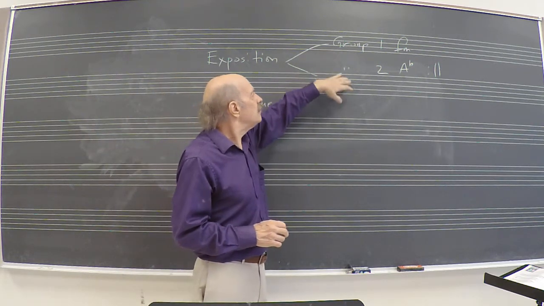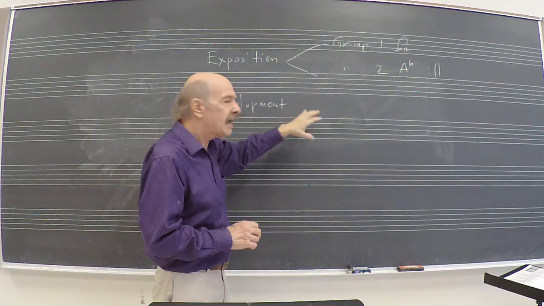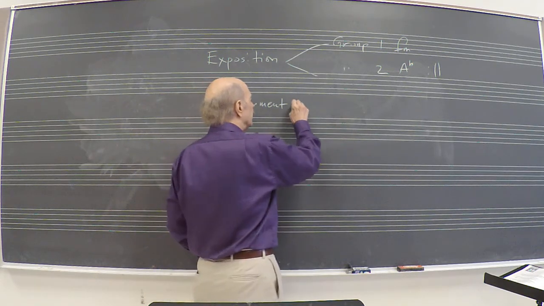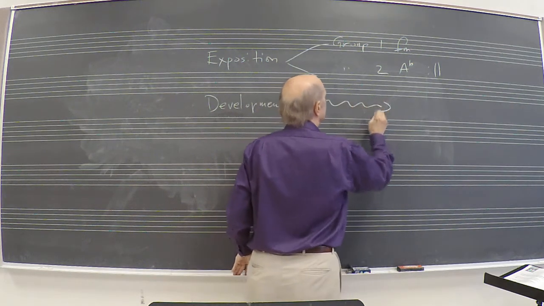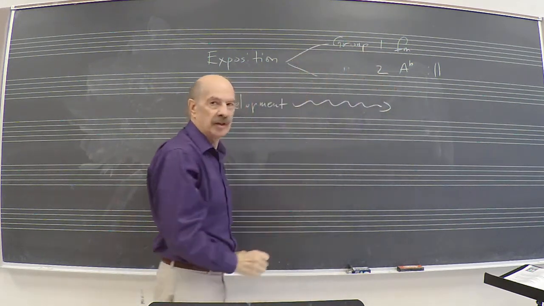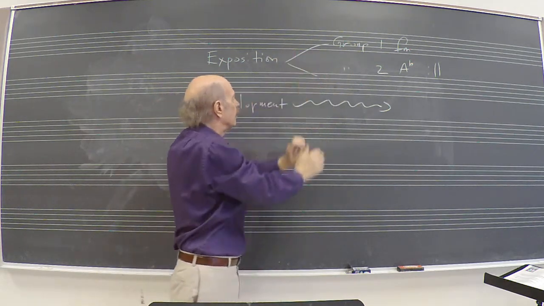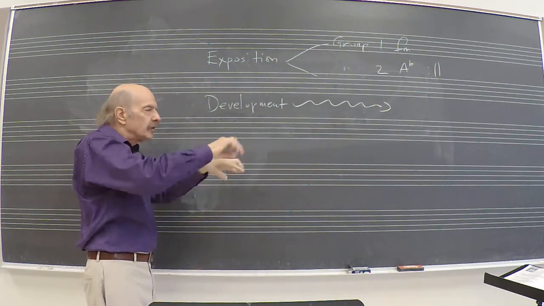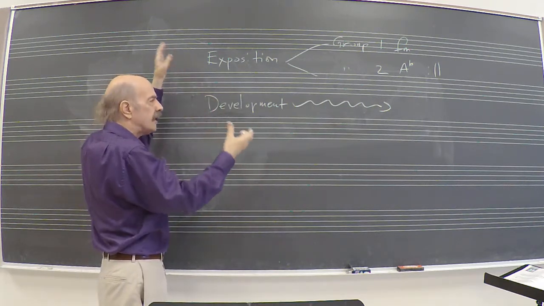The themes, or theme, is led through many different tonal regions. So it's a tonal journey. It contrasts the stability of the exposition being in two specific key areas. It moves through several.